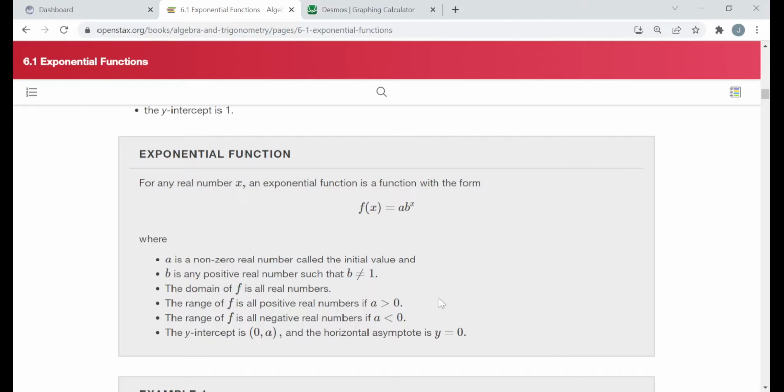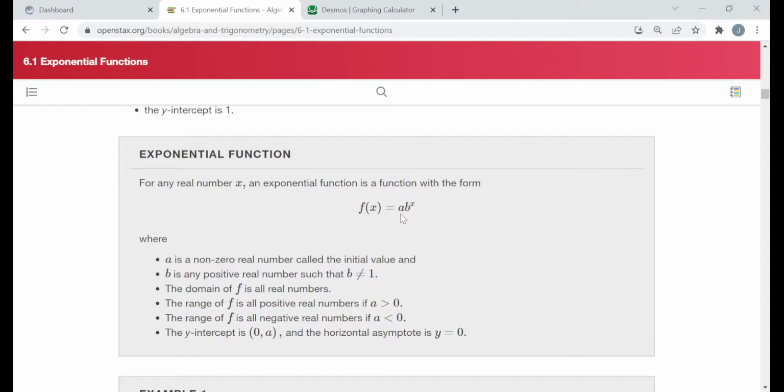So, the definition of an exponential function. For any real number x, an exponential function is a function with the following form. I'll probably be writing this out on paper as well. We have f of x, or y, equals a times b to the x power, where a is a non-zero real number called the initial value.